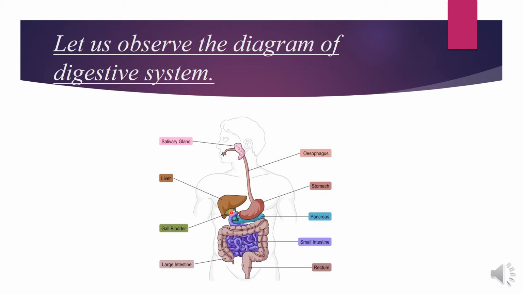This is the gallbladder, the smaller one, and this one is the pancreas, and this blue colored one is the small intestine, which is a very important organ in the digestive tract. The bigger one is the large intestine, students. The last one is the rectum, and through the anus the waste material leaves the body. So this is the diagram of the digestive system, students.